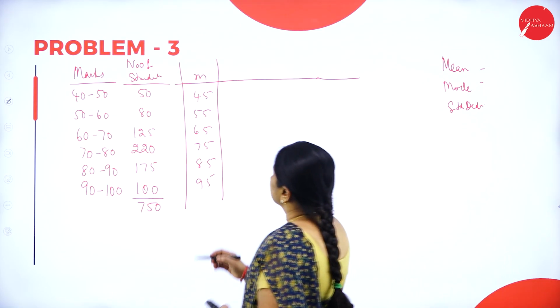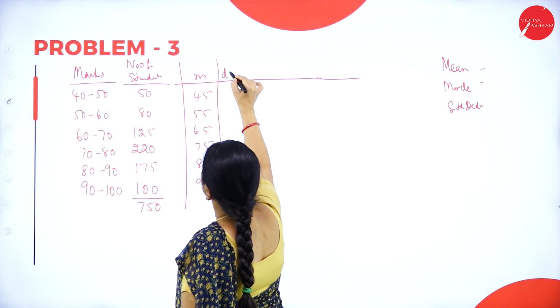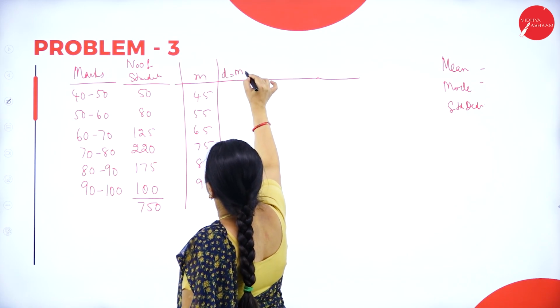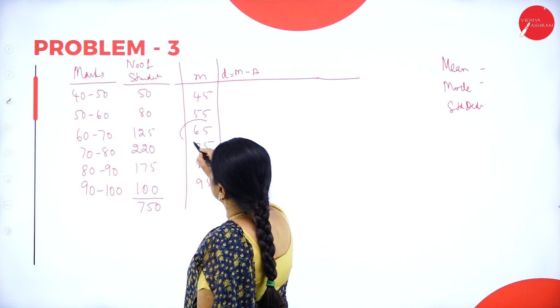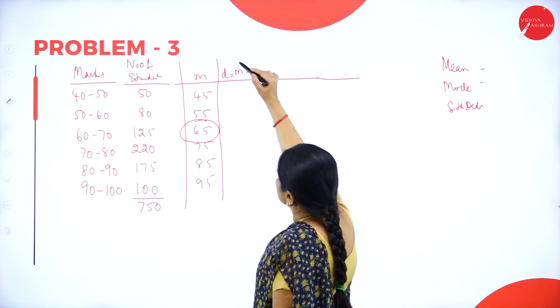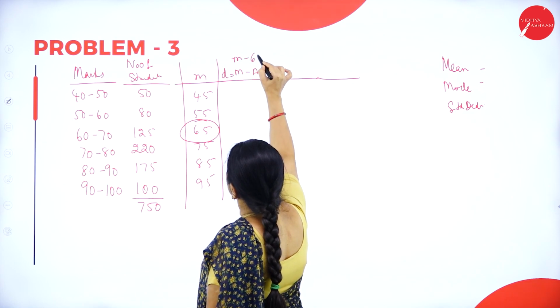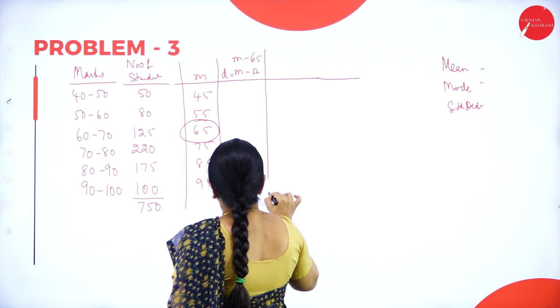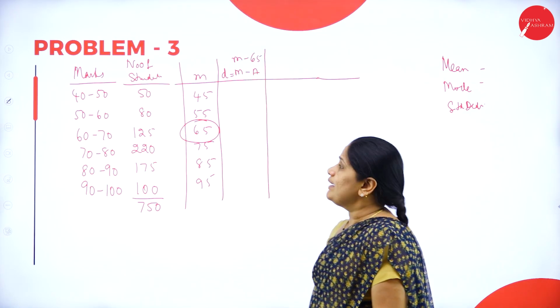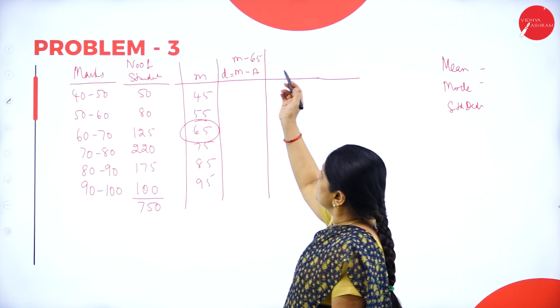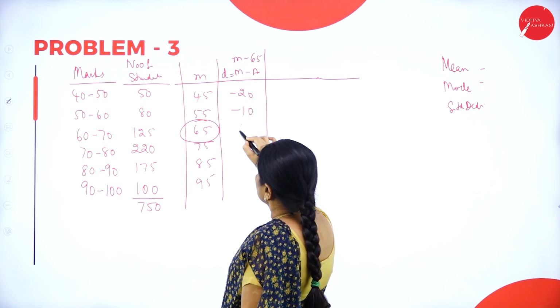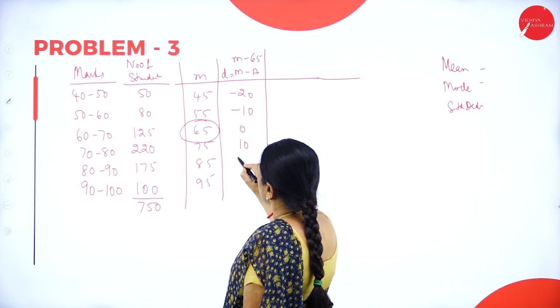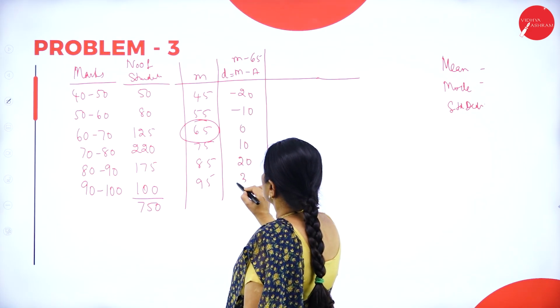So d will be equal to m minus 65, taking 65 as the assumed mean. So 45 minus 65 is minus 20, then minus 10, 0, 10, 20, 30.